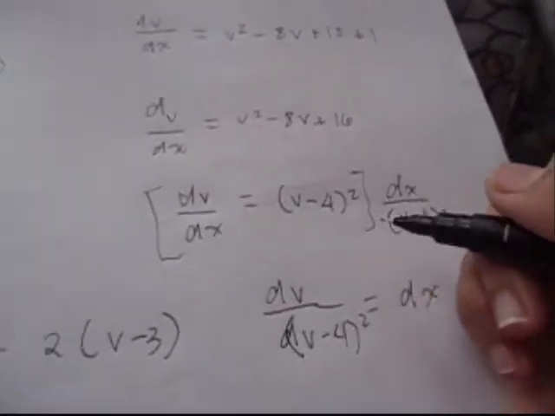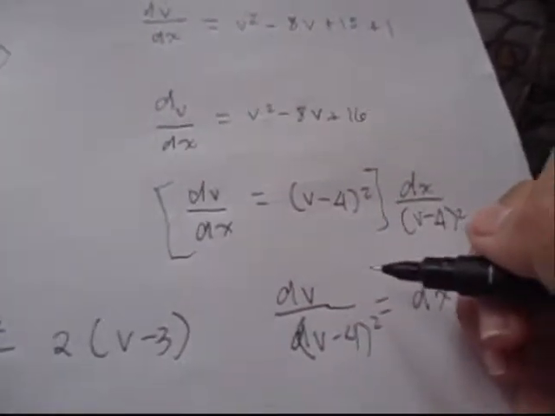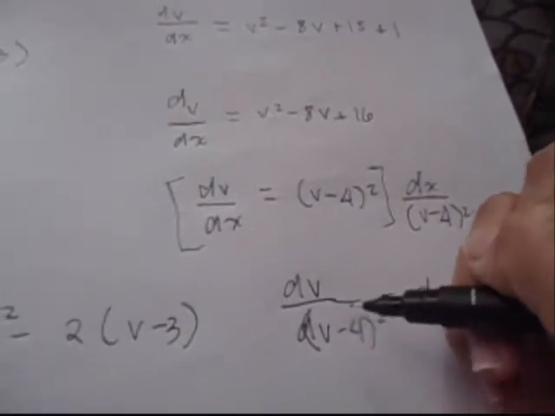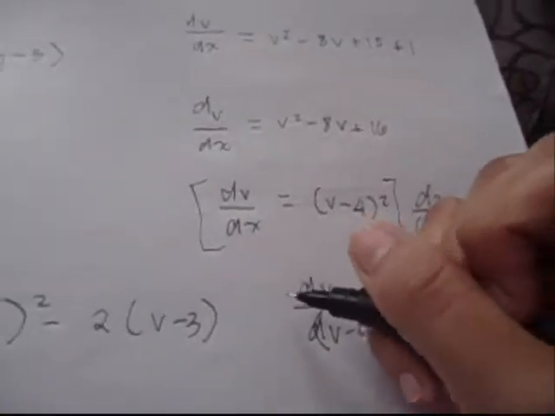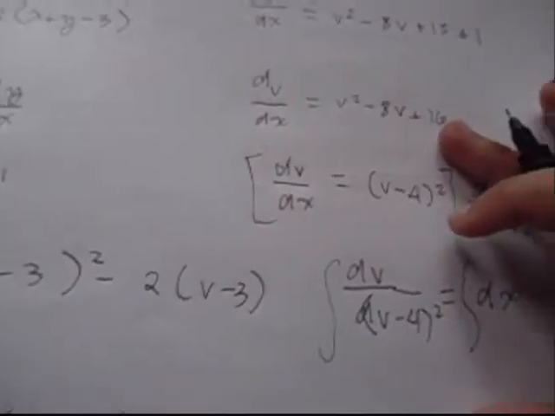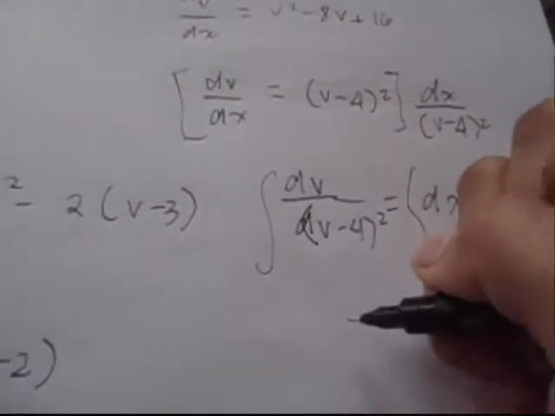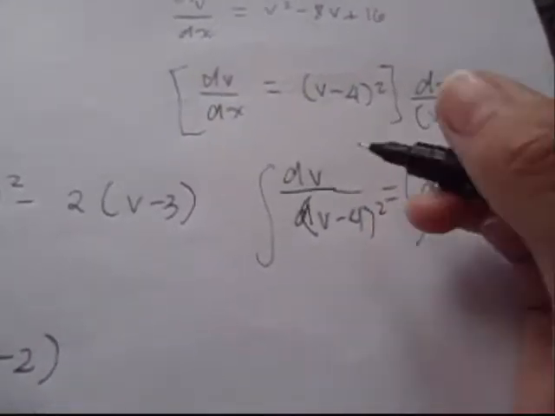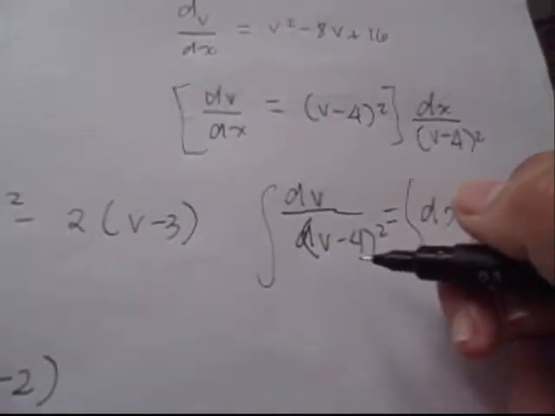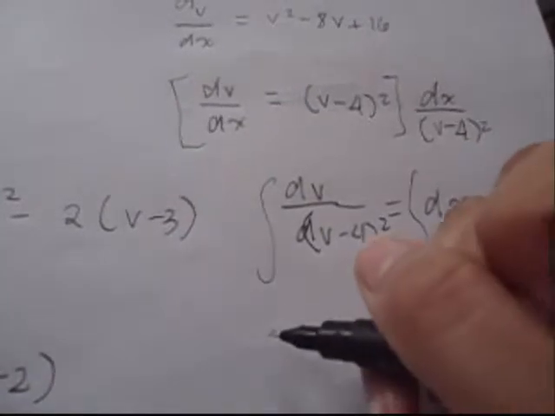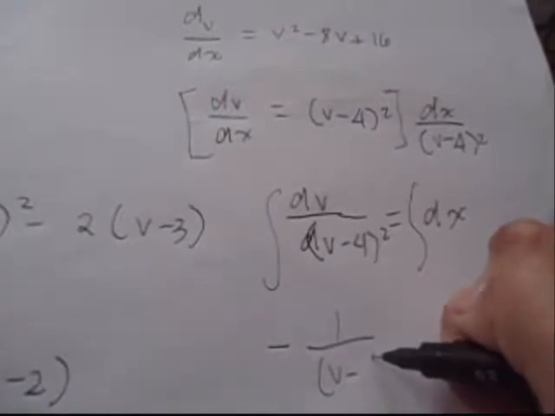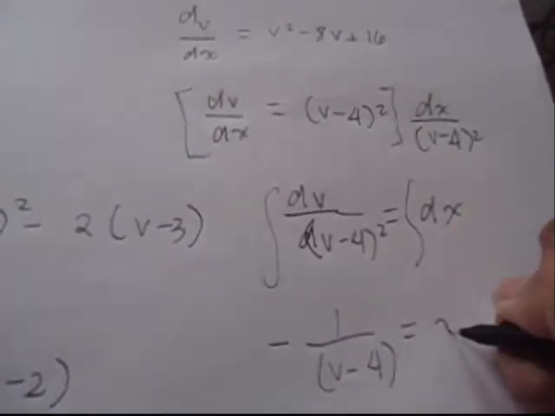As you can see here, we have a separable differential equation, so we just separate like terms, and now we can proceed to integrating both sides. So integrating this, we get negative 1 over v minus 4 equal to x.